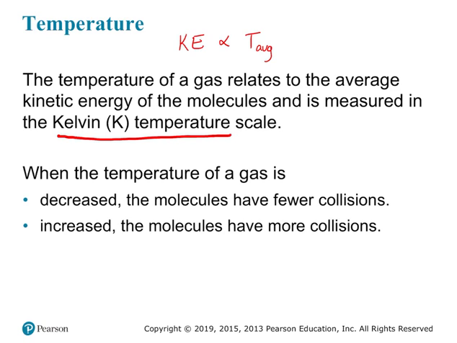Now, when the temperature of a gas is decreased, we're decreasing the energy of the gas. And that means that molecules of a gas are going to have fewer collisions with each other and with the walls of their container. If we increase the temperature of a gas, we're increasing the energy of the gas. So that means the molecules are moving around more rapidly, so there's more opportunity for them to collide with each other and with the walls of their container.